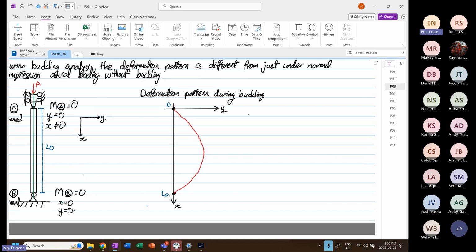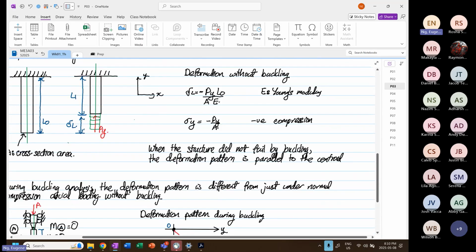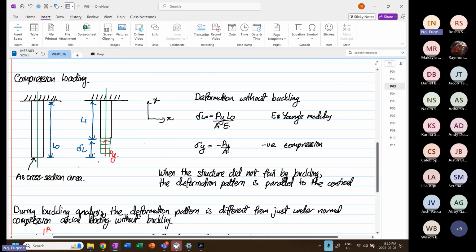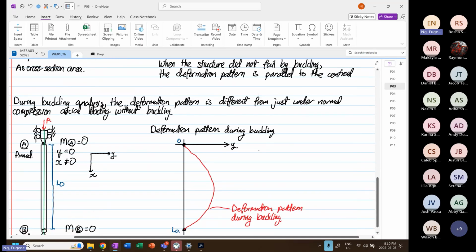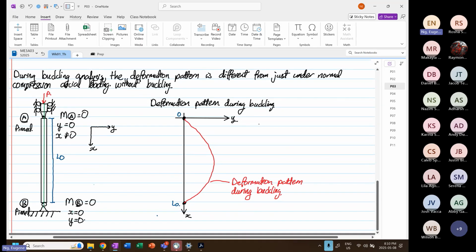So this is our deformation pattern during buckling. Okay. And you can see it's very different when there's no buckling. When there's no buckling, the deformation pattern is parallel to the what? Parallel to the centroid. Now, the deformation pattern is a curve.